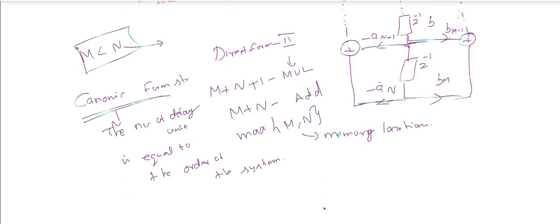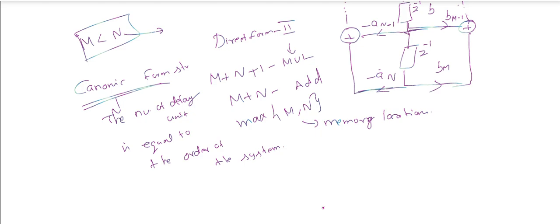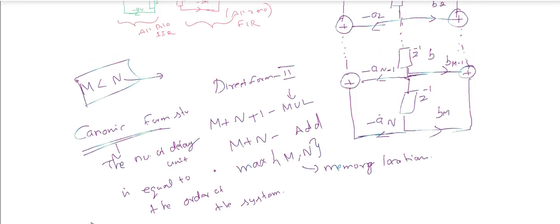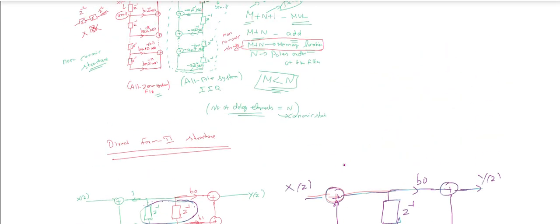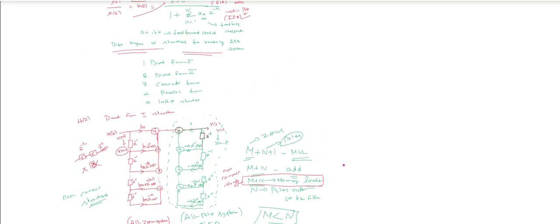This is a simple realization of the system transfer function H of z, direct implementation of H of z in direct form 1 structure and direct form 2 structure. Remember, we arrived at direct form 2 by rearrangement of the all pole and all zero system.